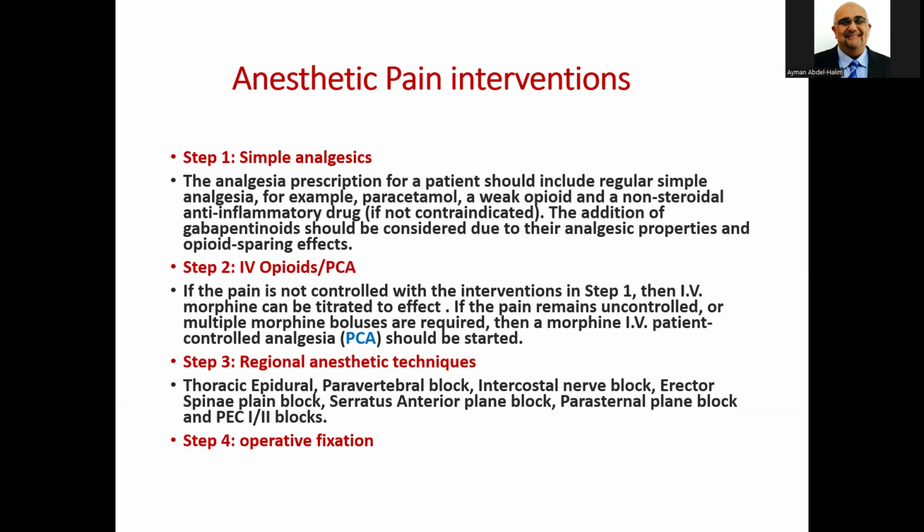And step four is the operative part, which, as I mentioned earlier, in some situations is very important, essential for the patient to resume his work and all that stuff, especially if it's a bilateral fracture that's associated with severe acute pain.